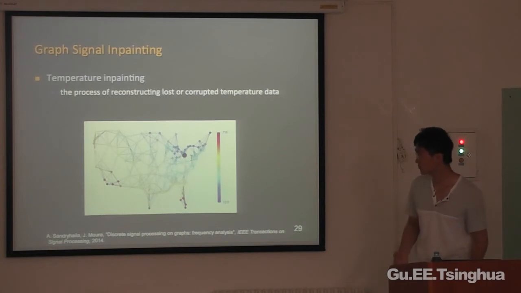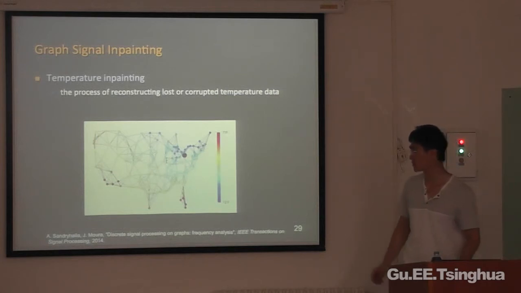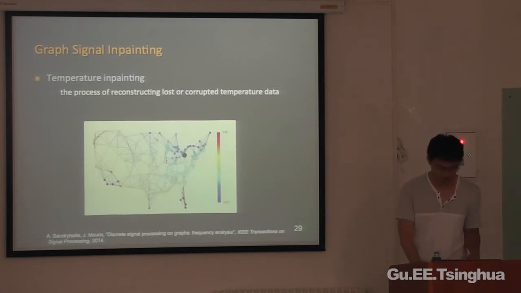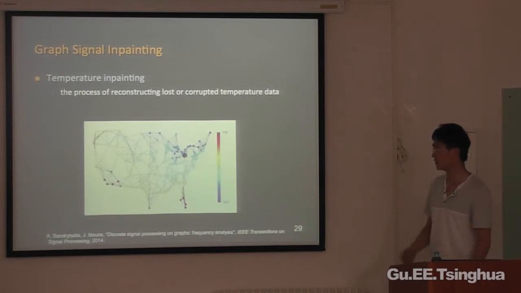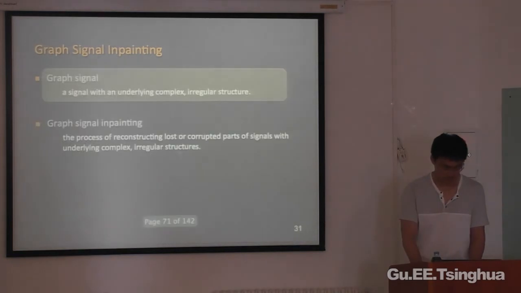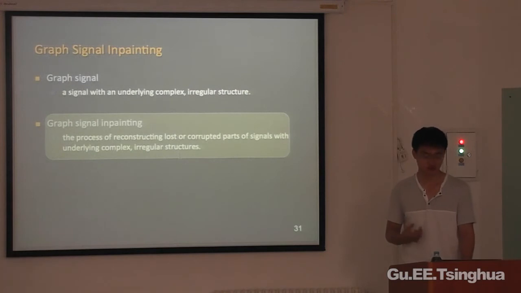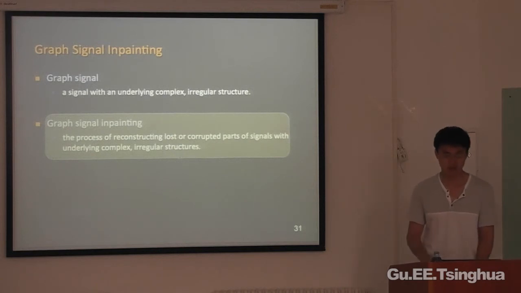Still we can build a graph structure by building the graph shift to represent the geodesic distance and relationship. The process of reconstructing the lost or so-called corrupted temperature data is called temperature inpainting. So graph signal inpainting is the process of reconstructing the corrupted parts of signals with underlying complex and irregular structures.